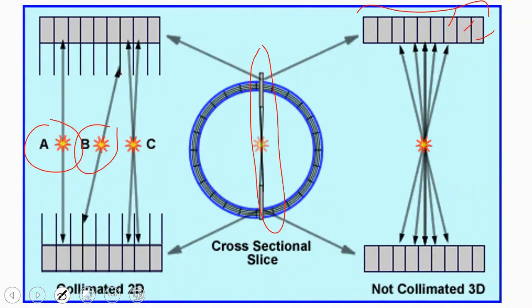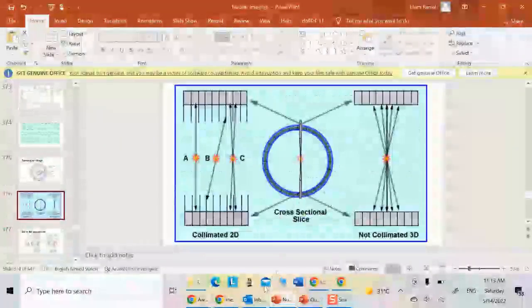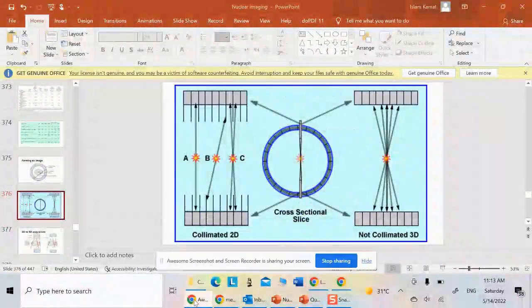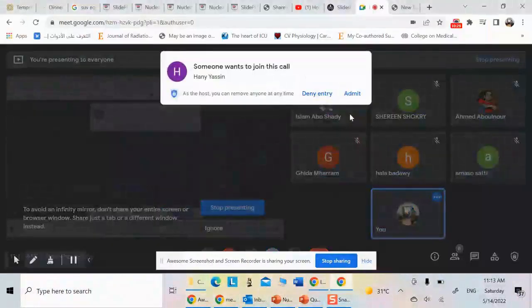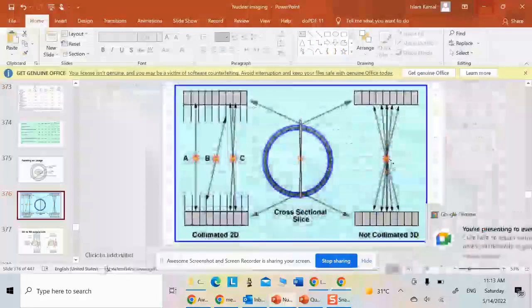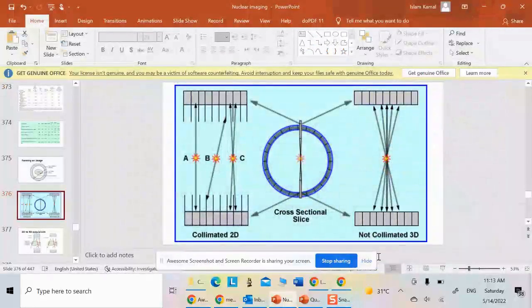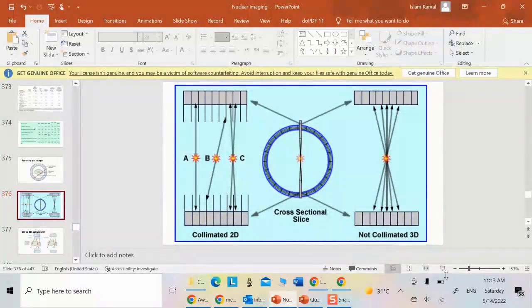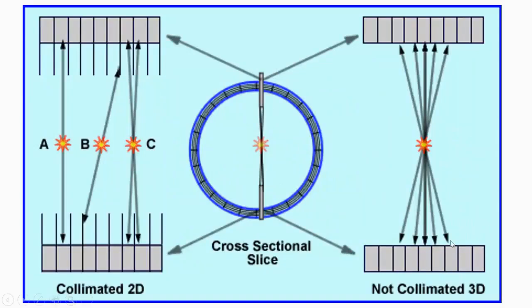What is sensitivity? It is the number of collected or detected photons per time per administered activity. For example, if I have 1 millicurie, how many counts will I get from 1 millicurie in terms of detection in 1 minute?